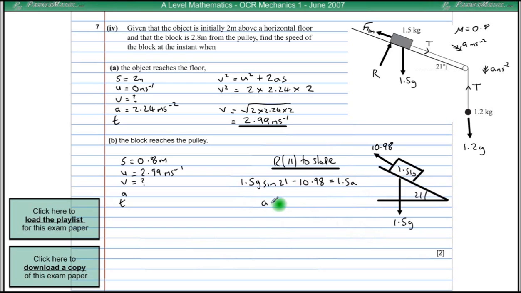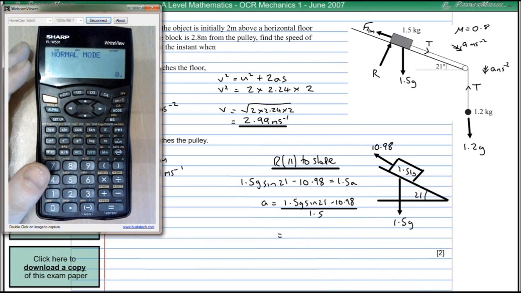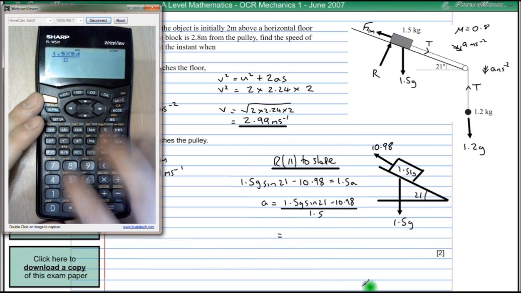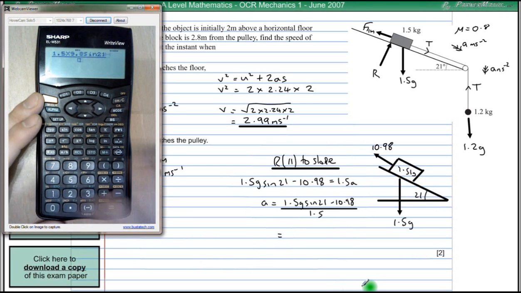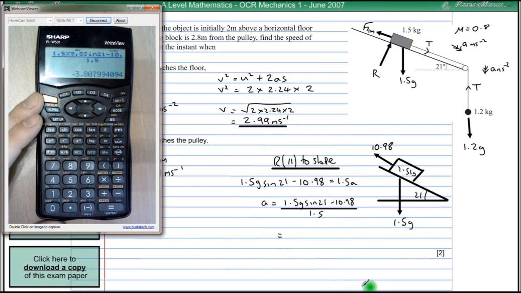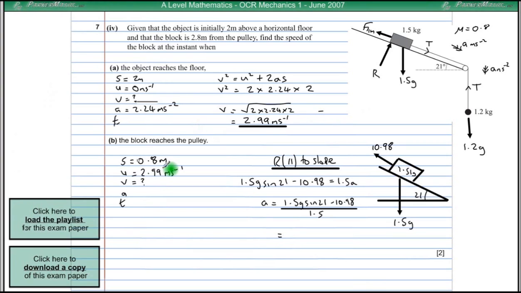So all we've got to do to find a is 1.5 g sine 21 minus 10.98, all divided by 1.5. Let's work that out on the calculator. We've got 1.5 times 9.8 sine 21 minus 10.98, all divided by 1.5. That gives us an acceleration of negative 3.81.